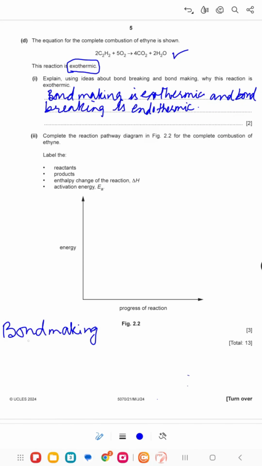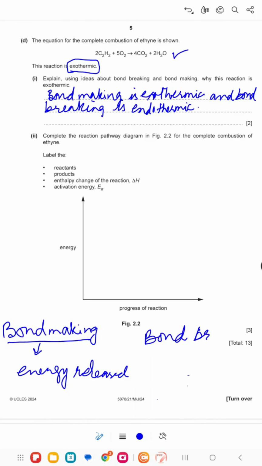What does it mean? It means when bonds form, heat energy is released to the surroundings. So we will see energy released in bond making, and in bond breaking, energy absorbed. So the first point we have written: bond making is exothermic and bond breaking is endothermic.